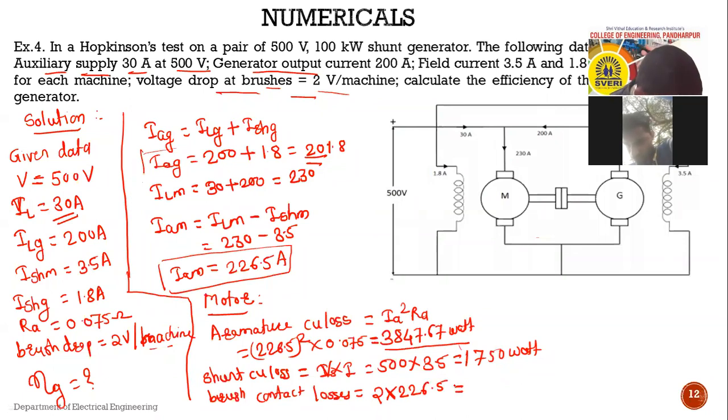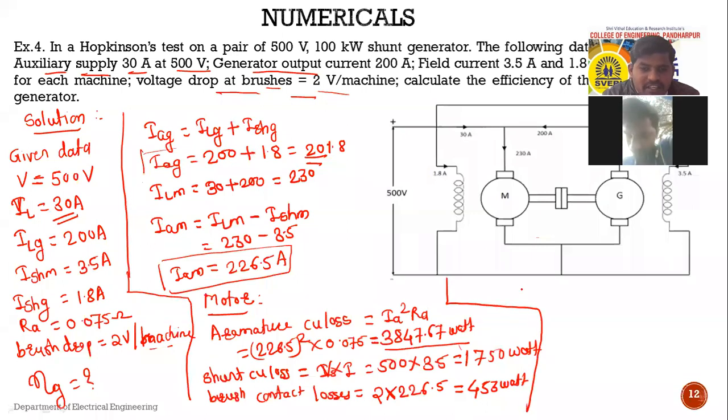Calculation, 226.5 into 2 is 453 watt. Okay, so motor चे copper losses calculate केलेत आपण.